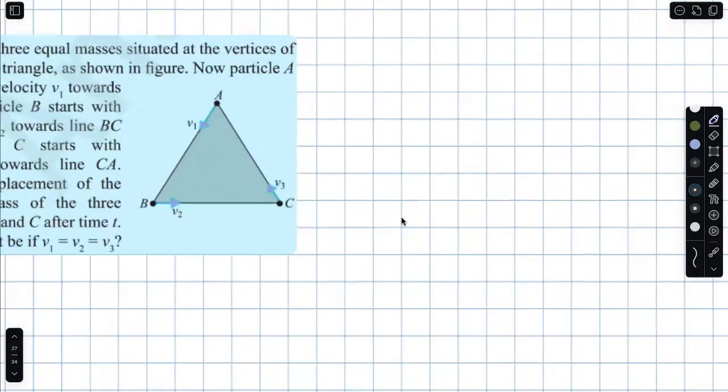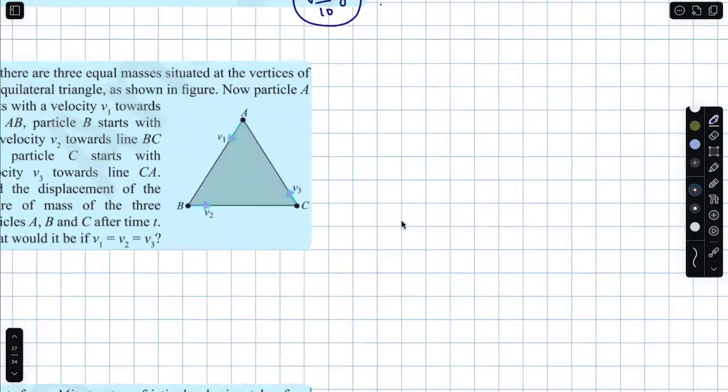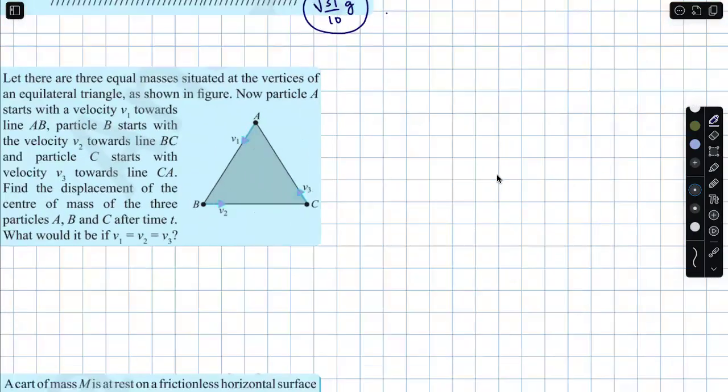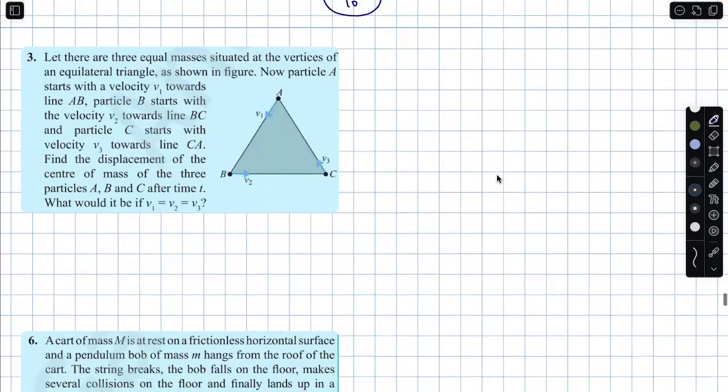Right. Now question number 3, fast. My target is at least I want to finish some 4 questions from here. Let there be 3 equal masses situated at the vertices of an equilateral triangle as shown in the figure.